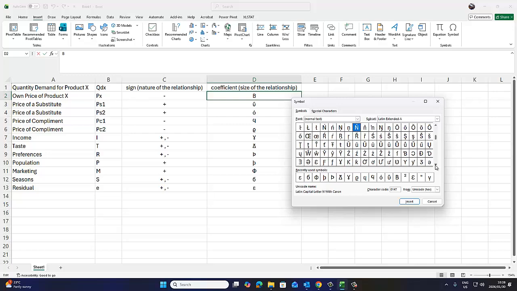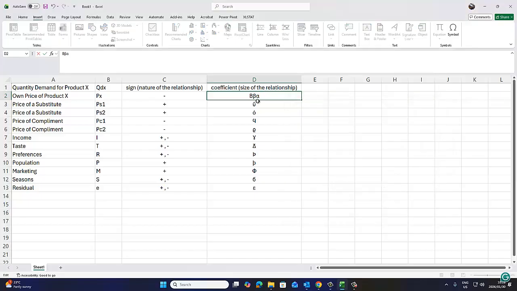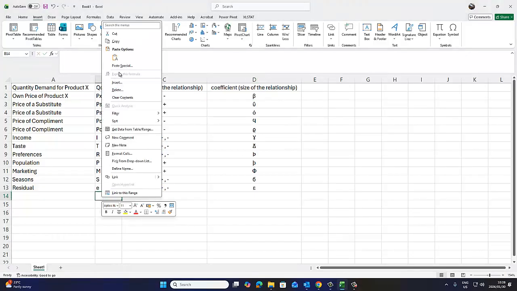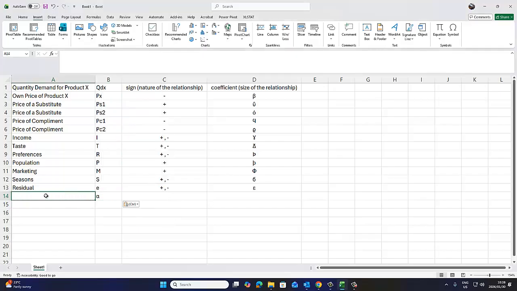There we go. And there's alpha as well. I want to just add alpha there while I'm there. So there's beta and alpha. I'm going to take alpha and I'm going to make it here. And I'm going to say that's a constant.